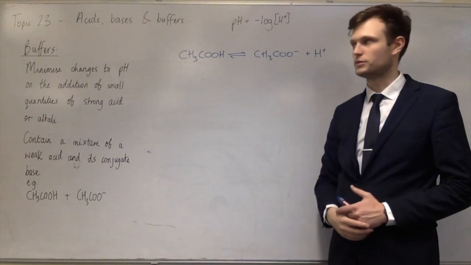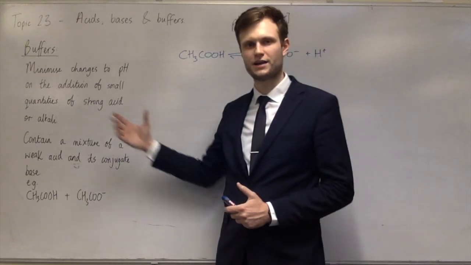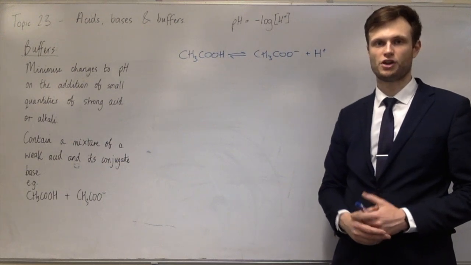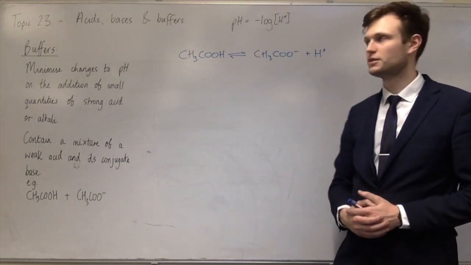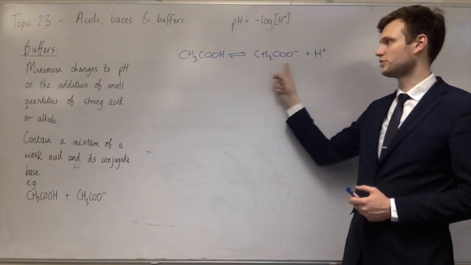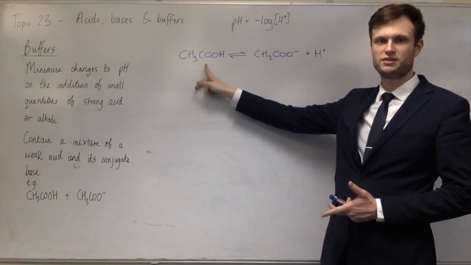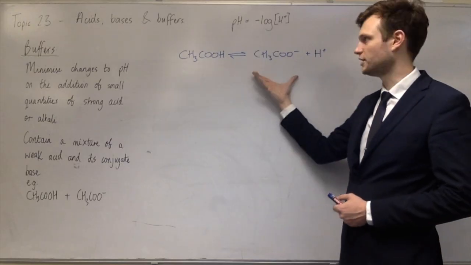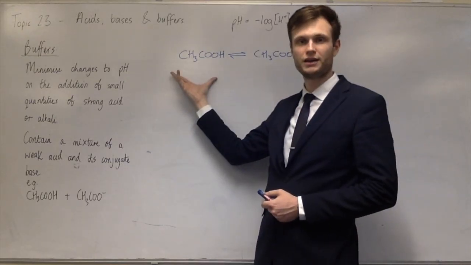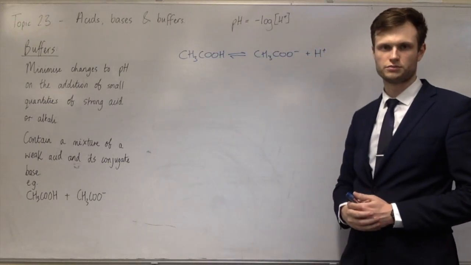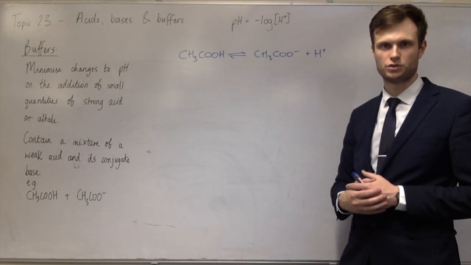And so what we need to do is explain what happens if we add small amounts of acid or small amounts of alkali. So, if we add small amounts of acid, then it reacts with this CH3COO- to produce small amounts of CH3COOH. That shifts the equilibrium position left slightly, but never really changes the pH of this solution, because it's only a small change in equilibrium position.